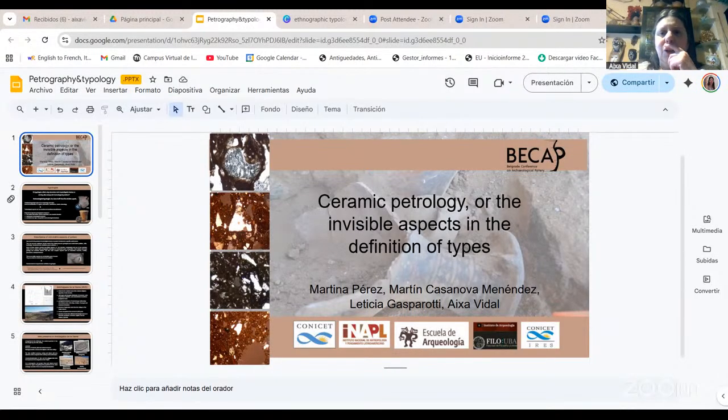Talking about typologies, many questions arise in our minds. For instance, do typologies reflect only decorative and morphological choices, or do they also incorporate technological practices? We have seen that in most cases, archaeological typologies have been built from visible aspects, but pottery is more than that.